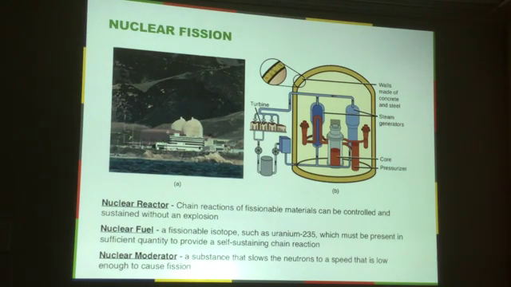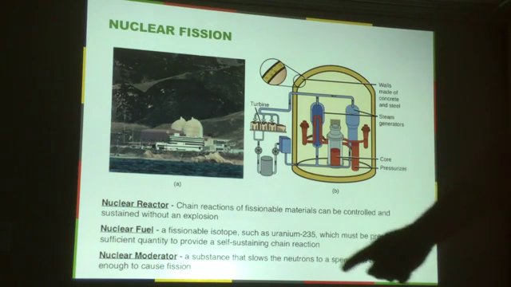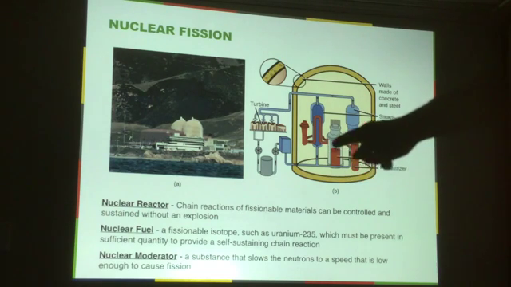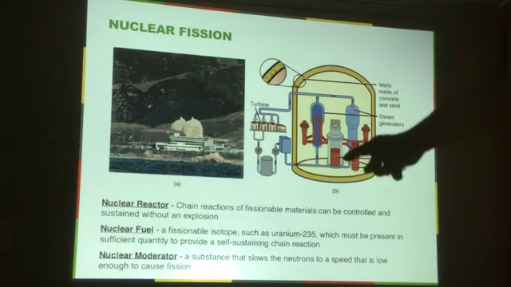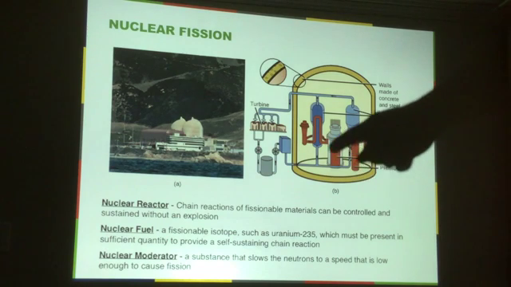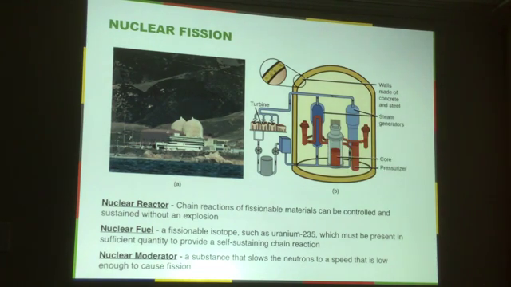The purpose of the nuclear moderator is to slow the neutrons such that it can cause a decrease in the fission. And so the moderator is put in here in order to control the degree to which this chain reaction goes on.